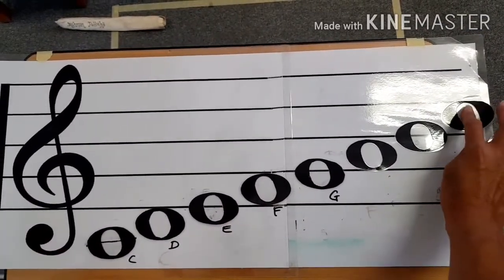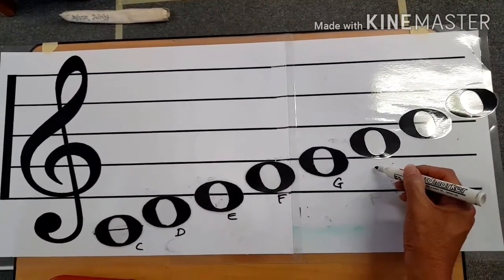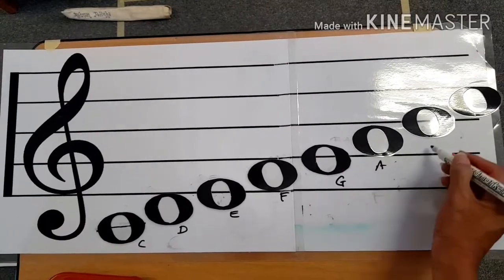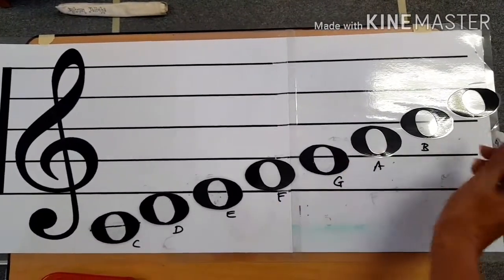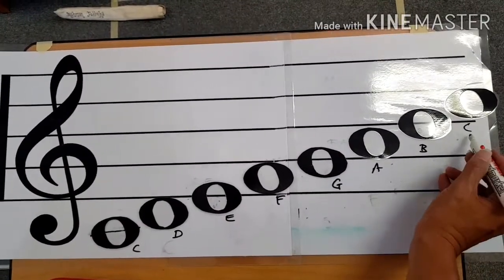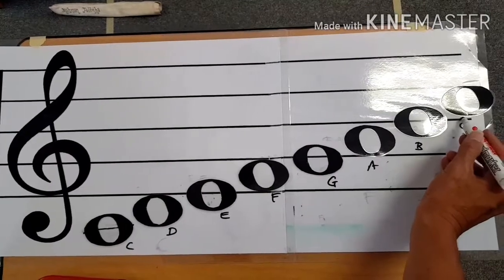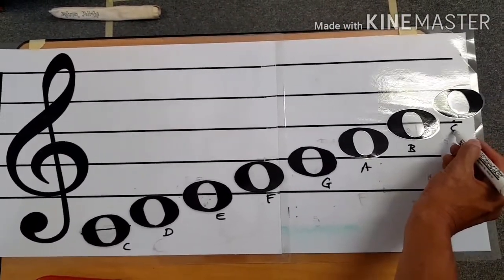You will know why I add this. The next notes are A, B, and we close these 7 notes with another C on the top, which is the high C. Don't forget, high C must have a dot on the top of the letter.